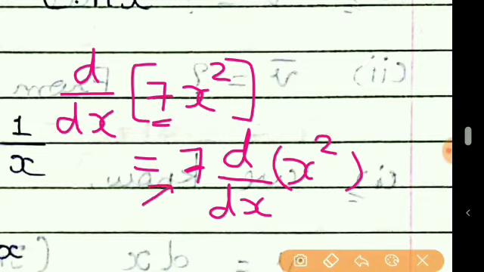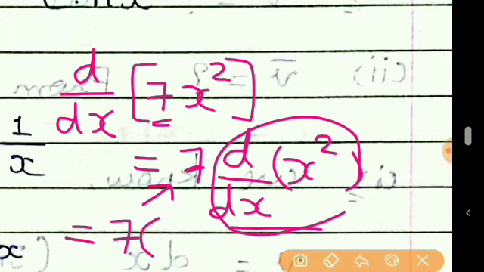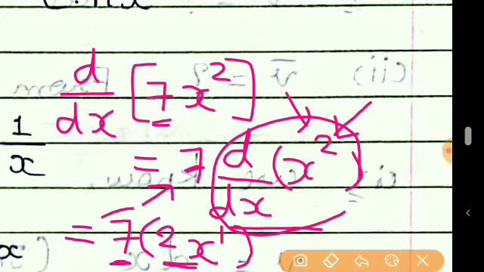The result will be 7 as it is. What is differentiation of this x square? 2 will be multiplied, and x raised to, we have to reduce the power by 1. So 2 minus 1 is 1. So it is 7 into 2x. Finally you will get 14x. So the result is 14x.